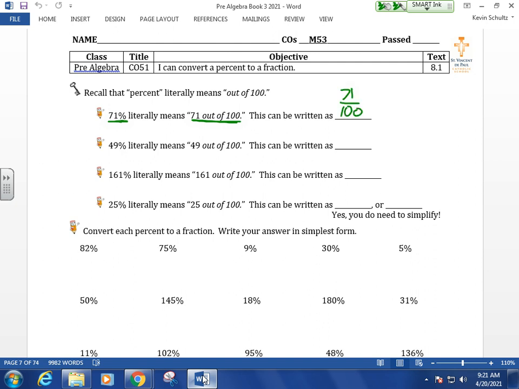Right? In fraction form, 71 out of 100 is 71 hundredths. And lo and behold, we have just converted 71% to a fraction.